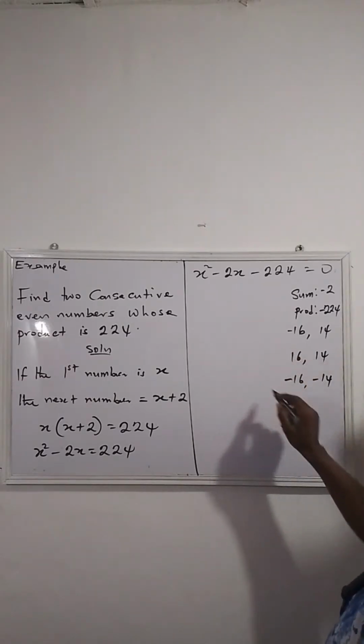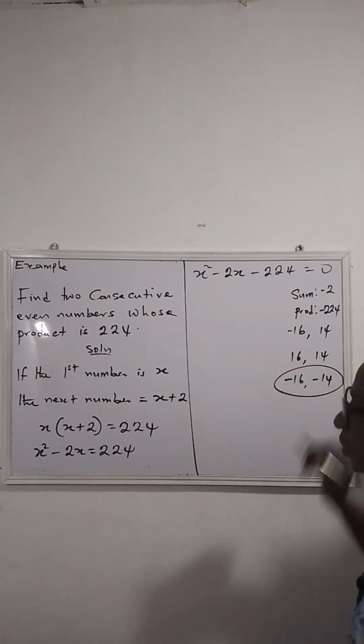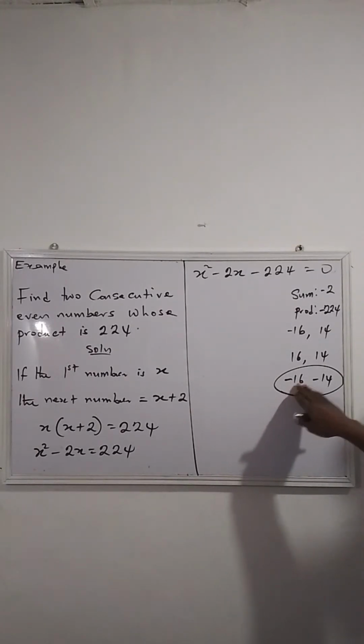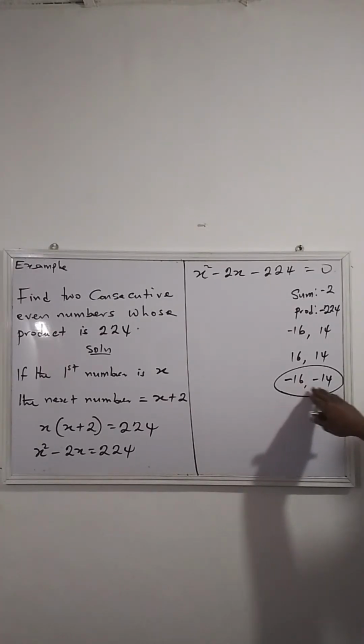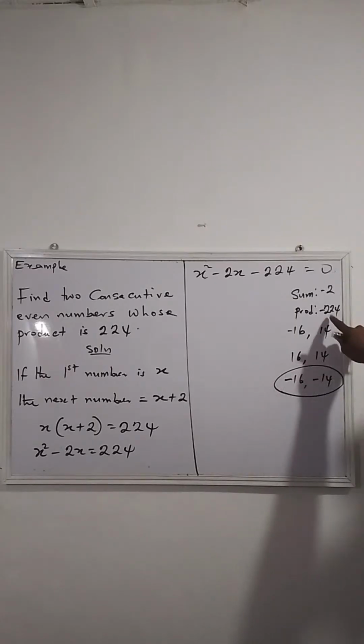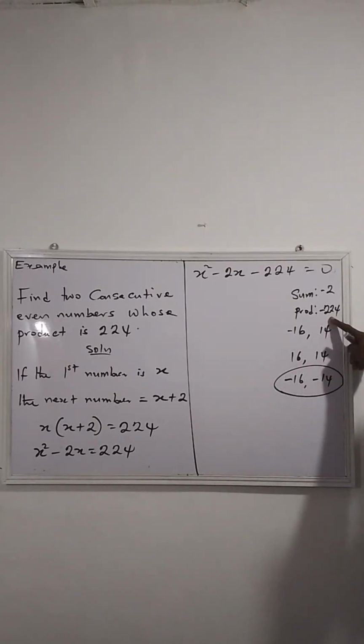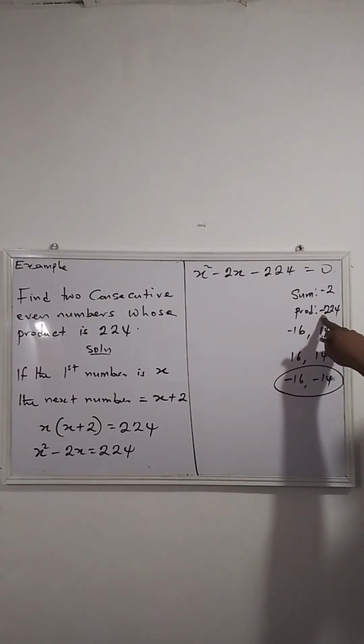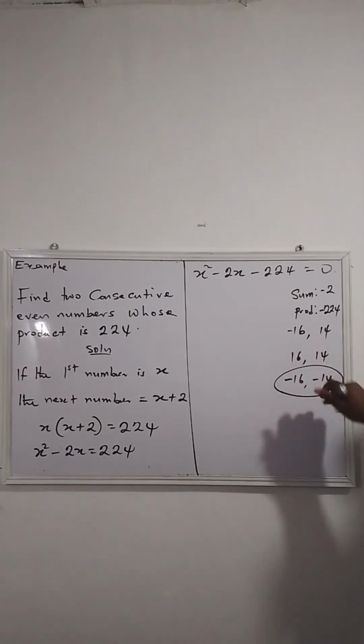Okay, let's see the validity. Let's first look at this one. Let's check whether this is correct. When you use minus 16 to multiply minus 14, there's no way you're going to get minus 224 because minus times minus is plus, and we have a negative 224 here. So this one is wrong.